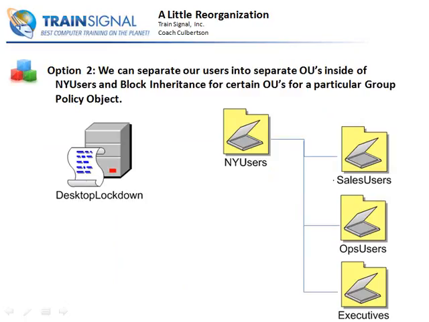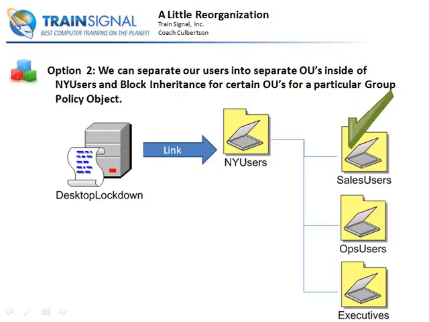Again, we're still going to be breaking out our sales users and ops users and executives into separate organizational units. And we can still apply desktop lockdown to the New York users. Now, here's the thing. By applying and linking this desktop lockdown to NY users, it's also going to apply to all the users in sales users, because remember that whole folder inheritance thing we were talking about?